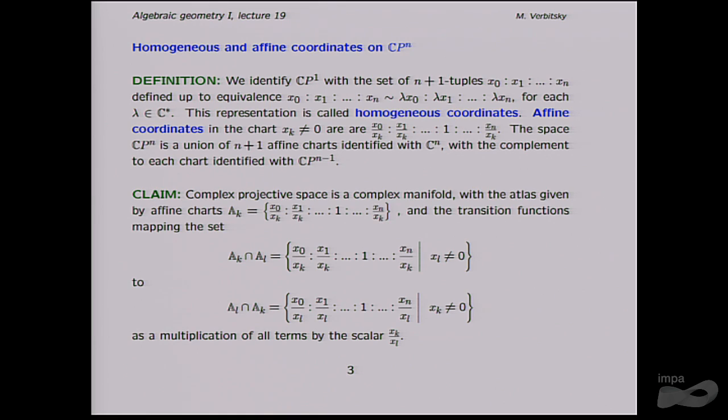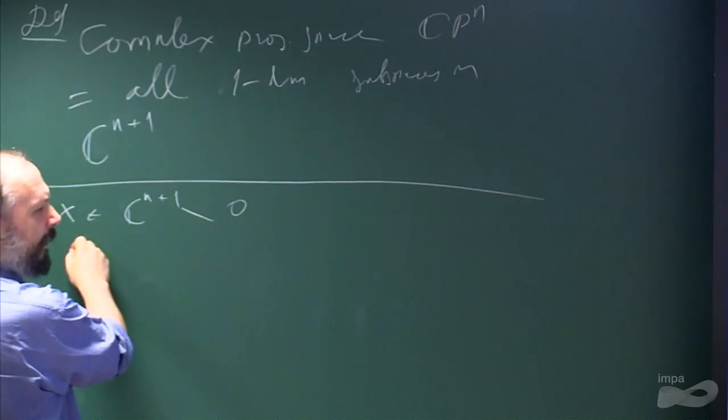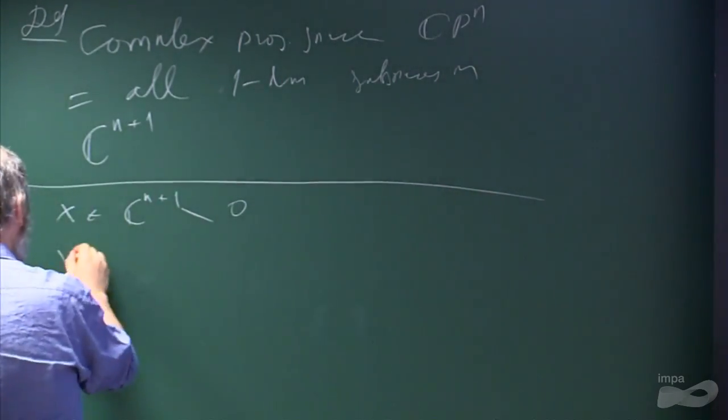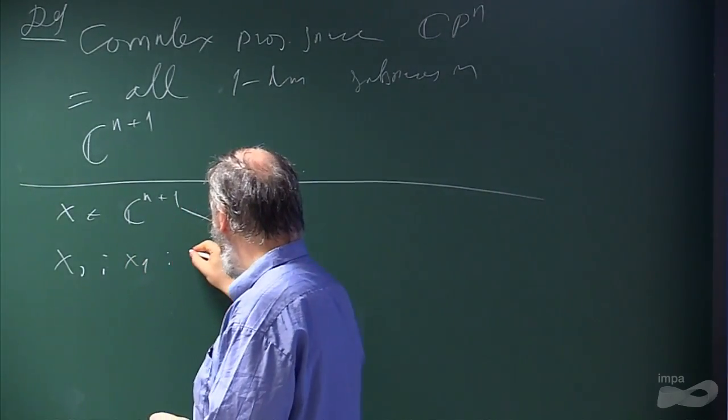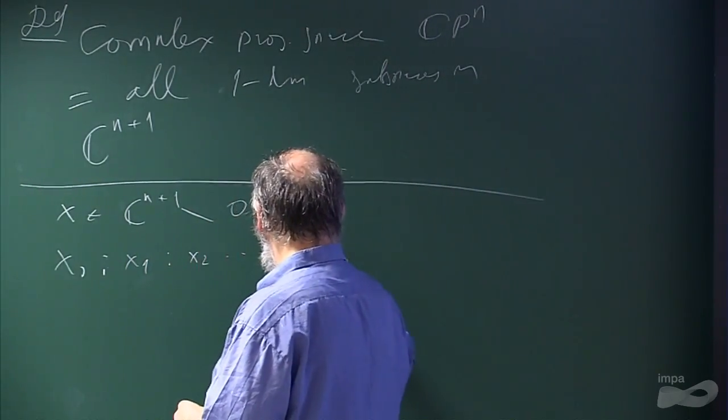So if you have a non-zero point, x inside C^(n+1) without 0, you write its coordinates as x0 : x1 : x2, and so on, xn.